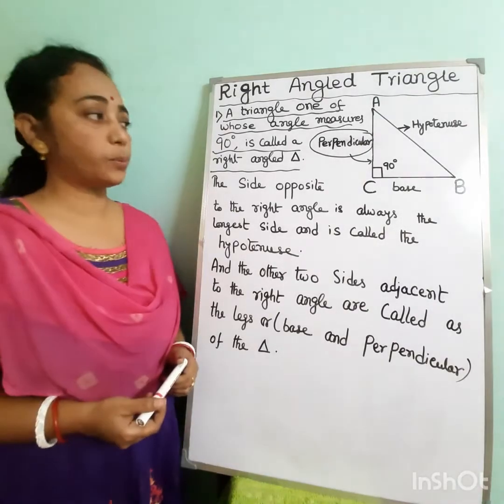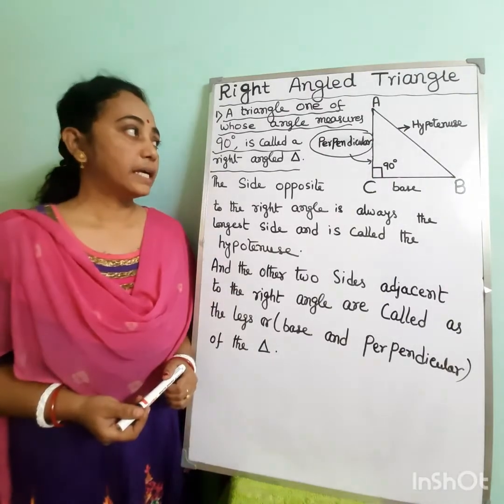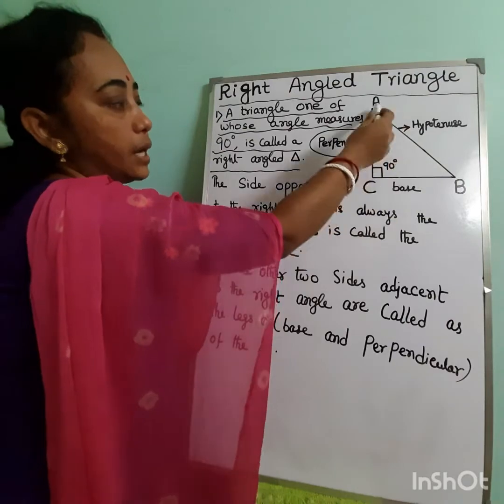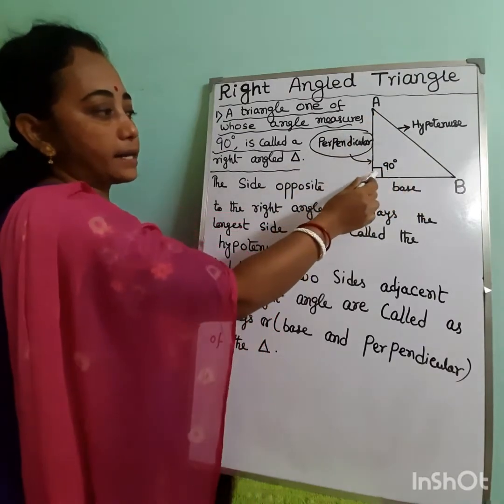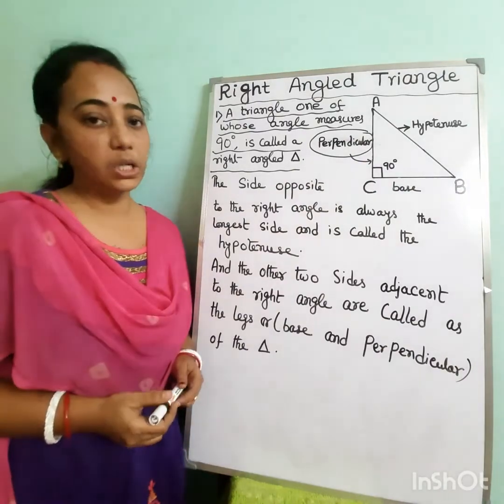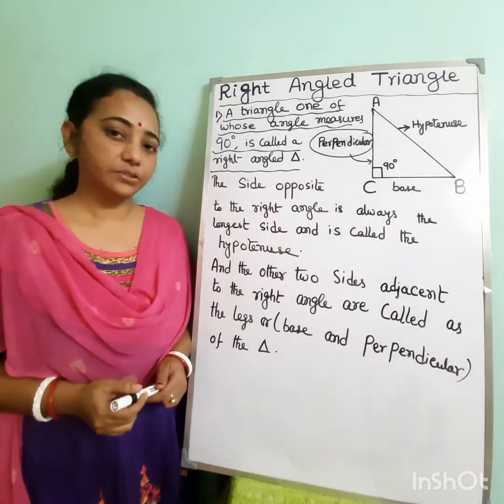Now the side opposite to the right angle C is AB, called the hypotenuse. So here AB is the side opposite to the right angle C, which is called the hypotenuse, and which is always the longest side of the right triangle.